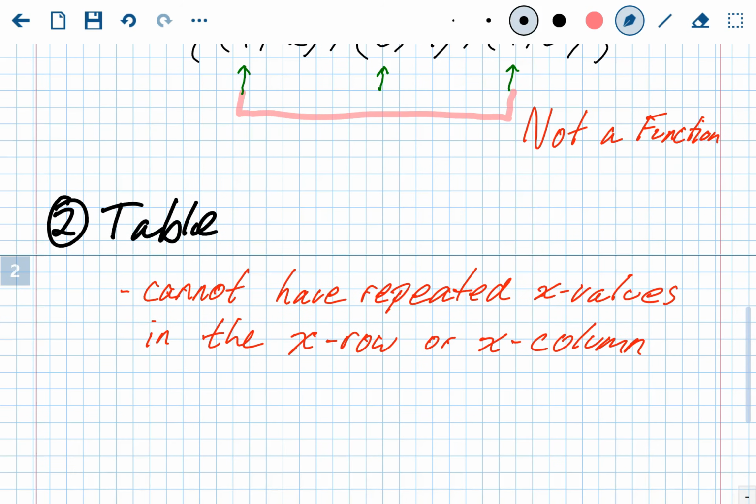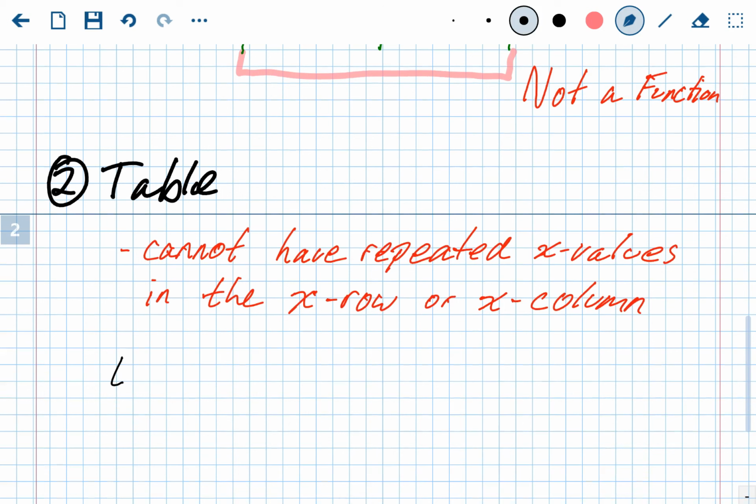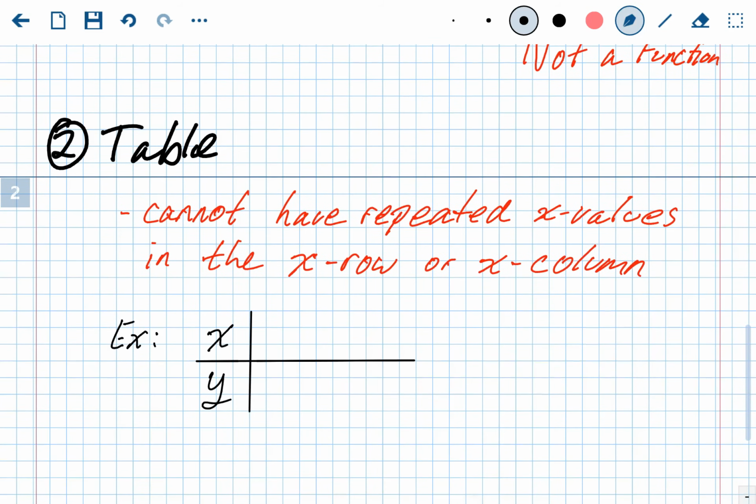All right, so let's see an example. I'll do a horizontal table of my x and my y, and the entries to this table are going to be, let's see, in the x row we'll have just 1, 2, 3.